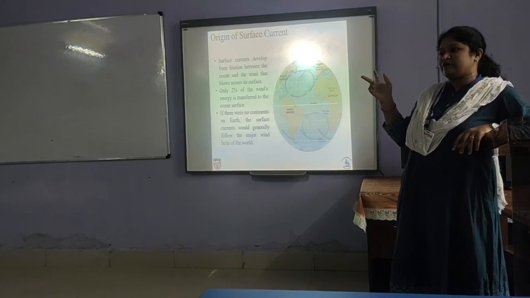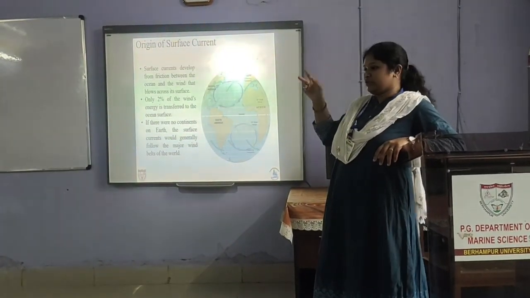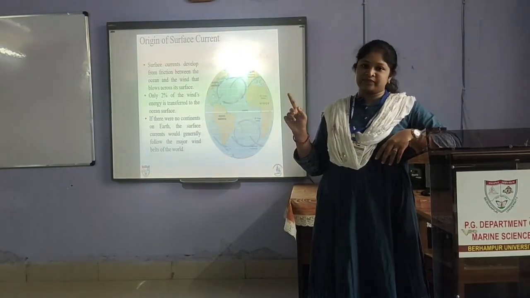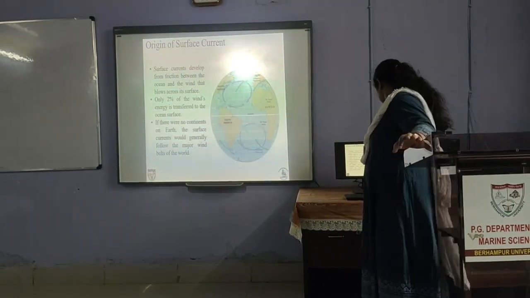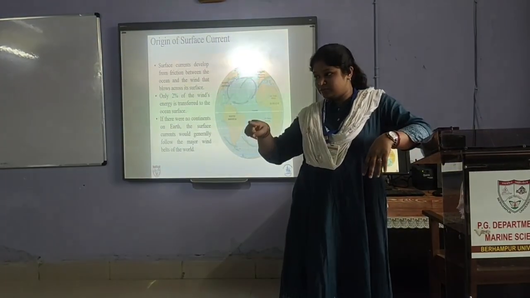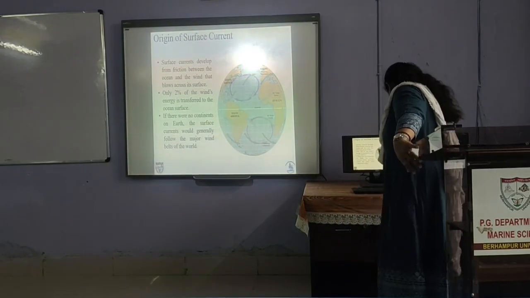In the Indian Ocean, what happened? Only anti-clockwise. Here two, in the Pacific also two, but in the Indian Ocean, anti-clockwise only. In the northern part of the Indian Ocean, India is in the middle of the ocean. You remember how the Indian map is.